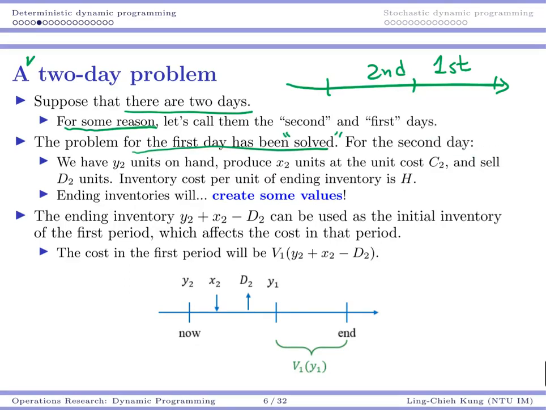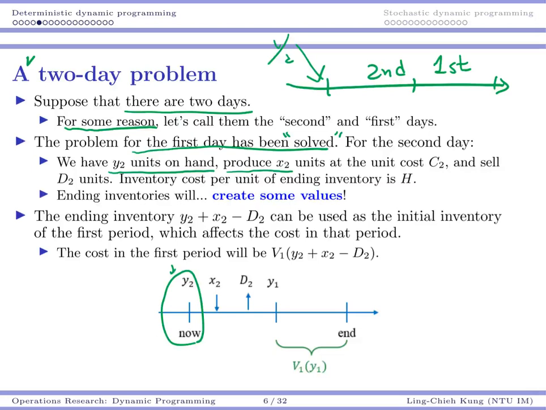Now we're going to focus on this particular time stage. We're going to try to solve y2, which is here. Given y2, we're going to solve for x2. So we have y2 units on hand at this moment. We need to decide our production quantity for day 2, which is x2.